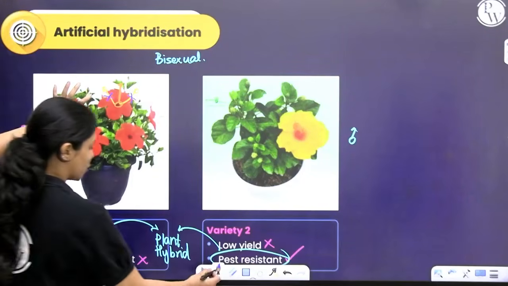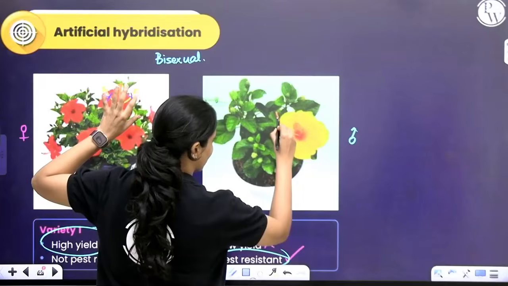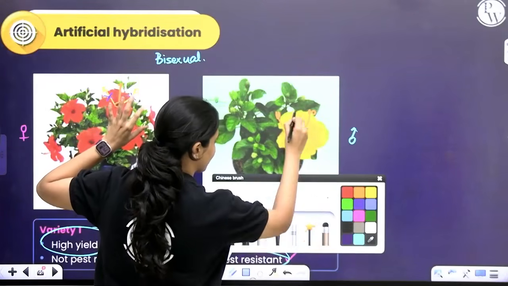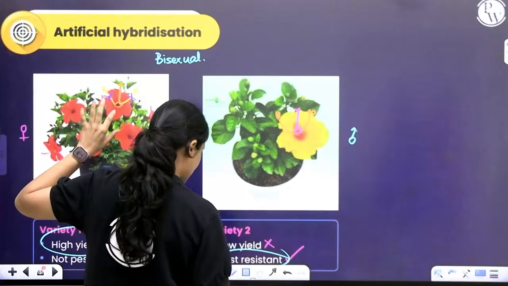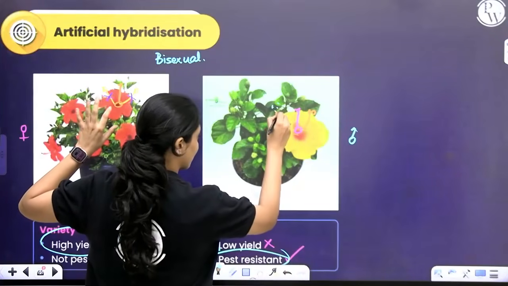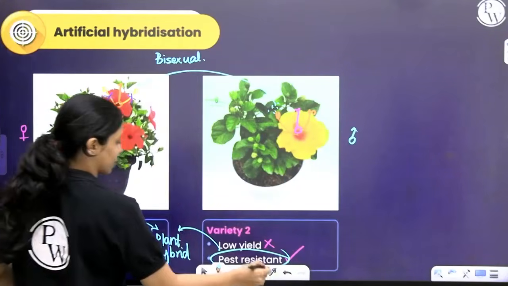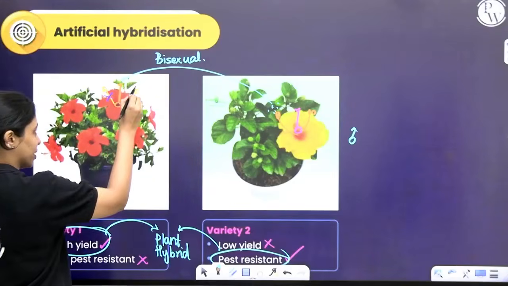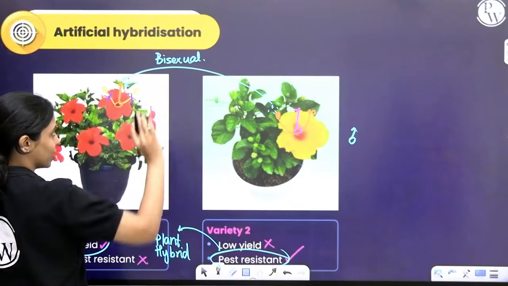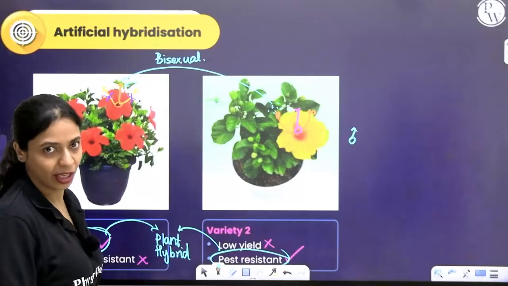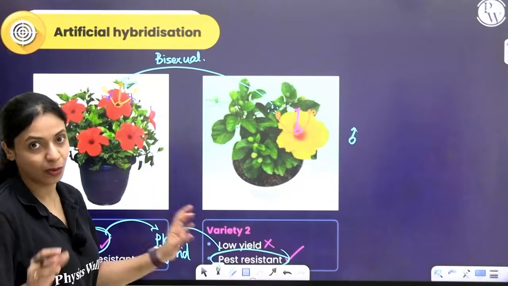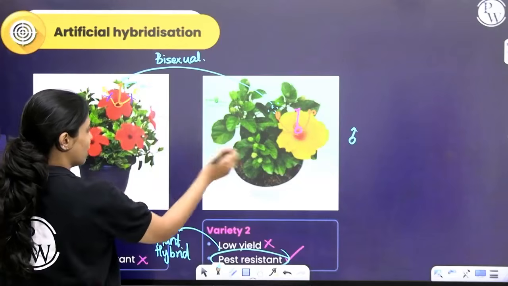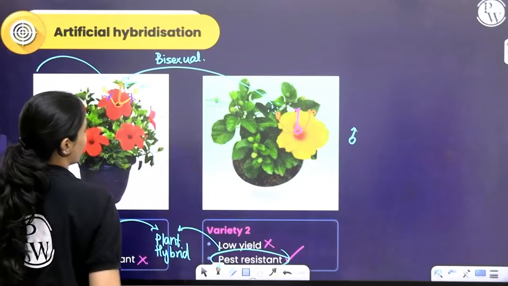Now I want to make sure that the pollen grains produced by this flower only should go and land here. I do not want this pollen to fertilize this, so I cut and removed the anthers even before they became mature. I emasculated them even before they became mature. Now I want to make sure some random pollen should not come and fall here. So what will I do?